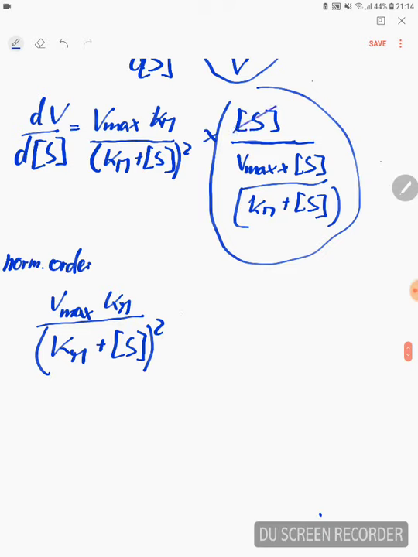First of all we can cancel that, and then we multiply with the reverse fraction, just simple math.